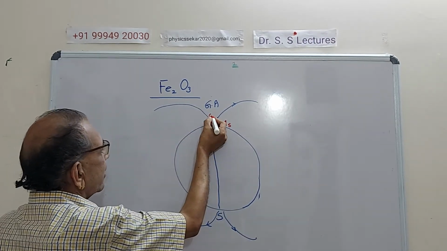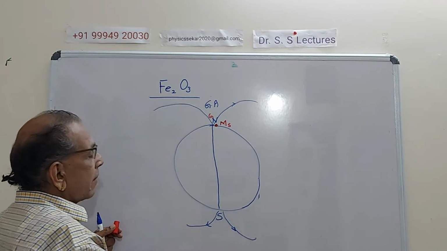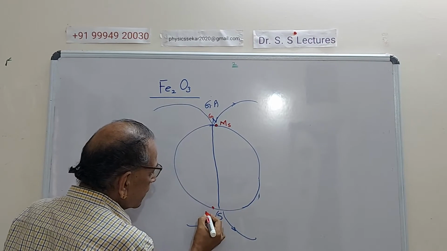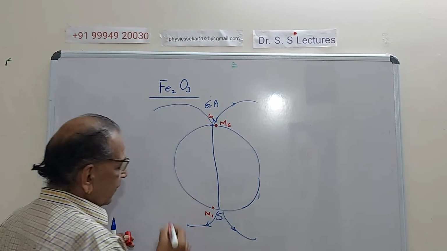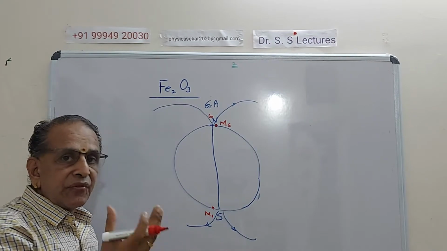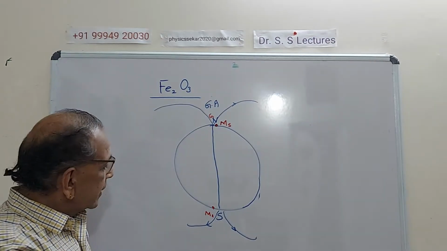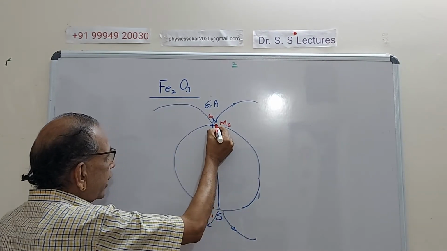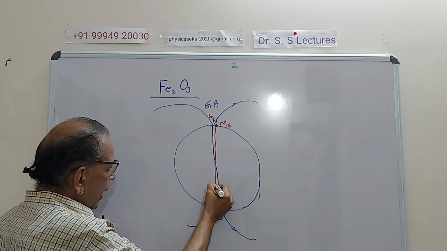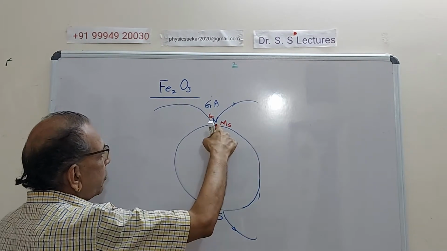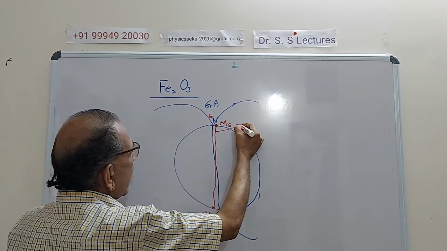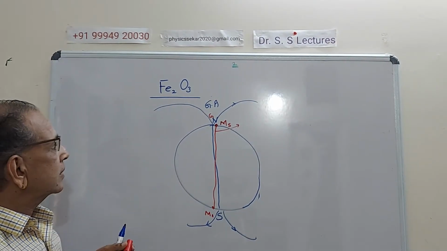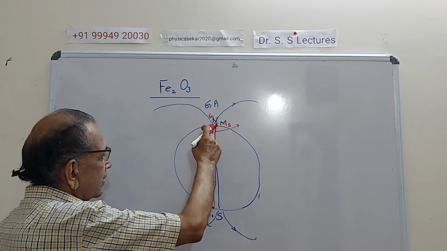This is geographical north, this is geographical south, magnetic south. And the magnetic north of this earth, if you consider it as a magnet, is situated somewhere here. The line joining these two poles we call the magnetic axis of the earth. This is the geographical axis.